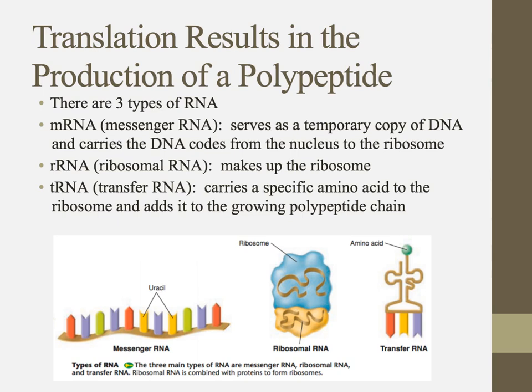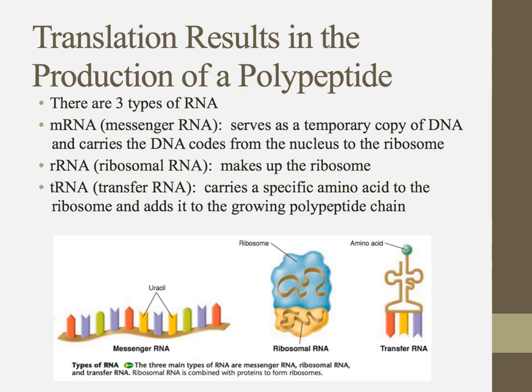Now, in the next process, we're going to start talking about some different types of RNA. So let's back up and talk about the different variations of RNA. We know that all RNA is single-stranded, has ribose, has uracil instead of thymine, but there are 3 different variations on RNA. The first one, which you should already be familiar with, is mRNA, or messenger RNA.